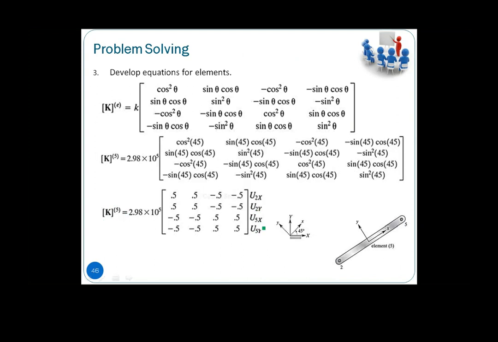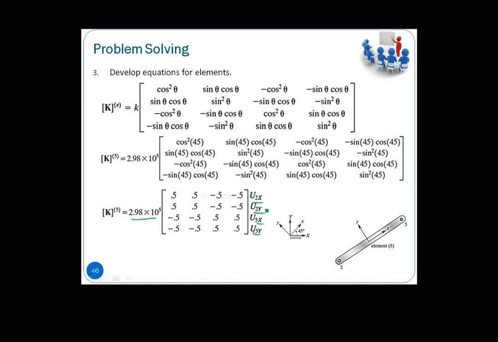Similarly, for element number 5, covering node 2 and node 5, we also have this 2.98, covering x and y for node 2 and node 5. All right. So we have the elemental stiffness for all elements, 1 to 6.